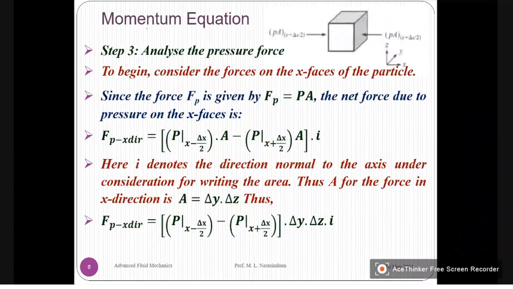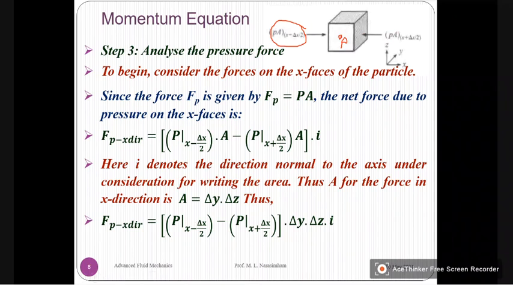Now, the procedure which we have followed for ideal fluid flow cases is that we have taken the pressure at the center point as P, and the force here is P minus something into area, and here P plus something into area. So that is what we have written.